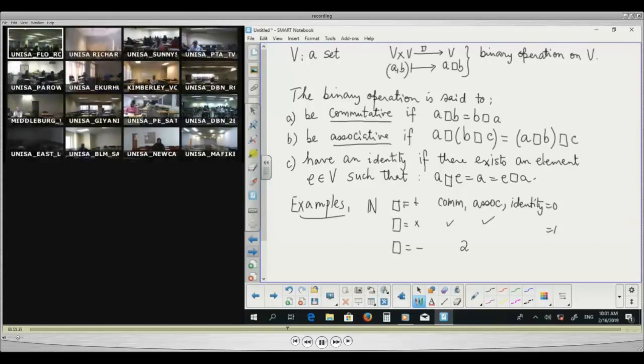It's not defined. It's -1, it's no more in N. So it is not a binary operation at all.